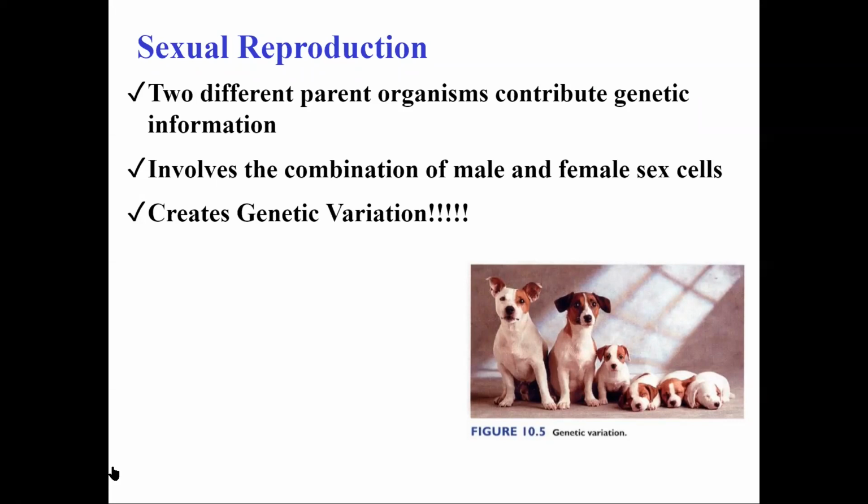For example, if any of you have siblings or even twins, you are not exactly the same. That's what's so great about sexual reproduction: it creates new organisms that are not exactly the same as their parent organisms. Asexual reproduction, on the other hand, just produces two identical copies of the parent. It'll produce two offspring that are exactly the same.